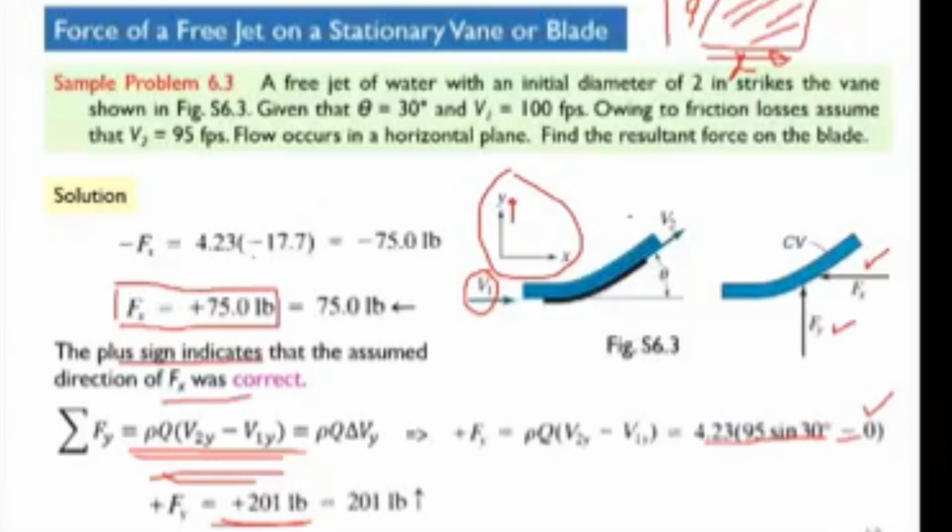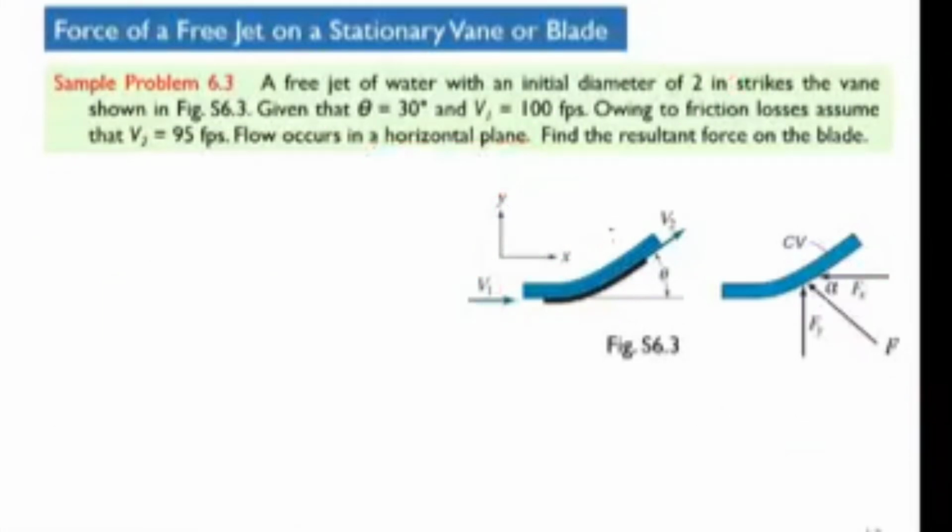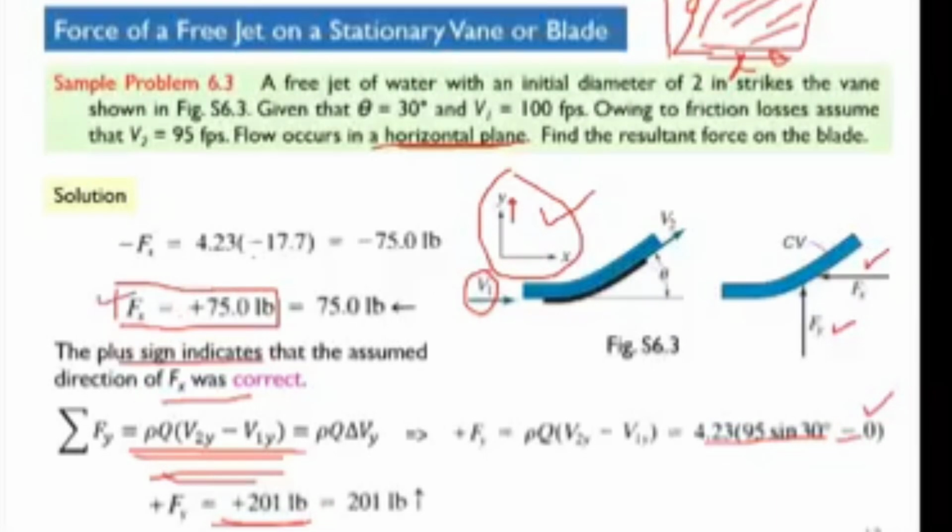Then in that case, you need to consider weight of the fluid. Now, is this clear or not? Yes sir, clear. So that's why it is stated that flow occurs in a horizontal plane. This y does not mean that this is vertical. It is a horizontal xy. Clear?